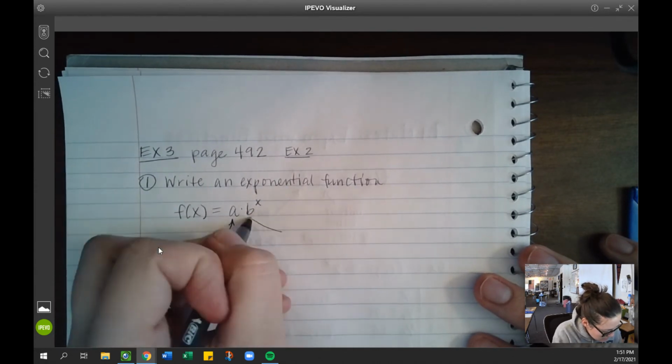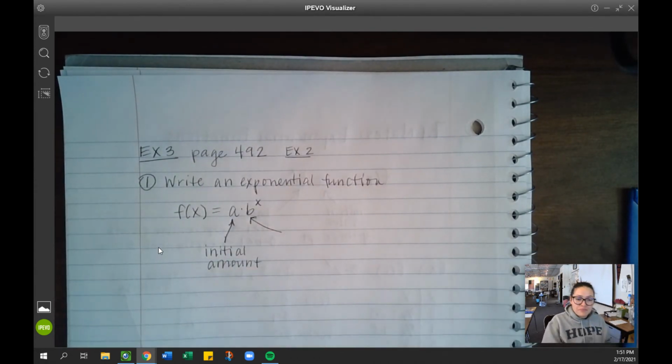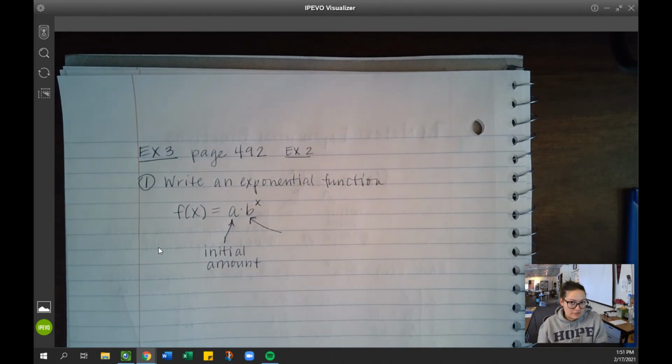B tells us how that value is changing. In this case, the value is growing. It's exponential growth.